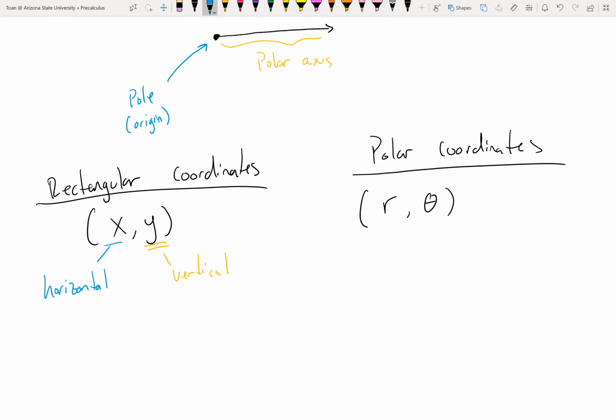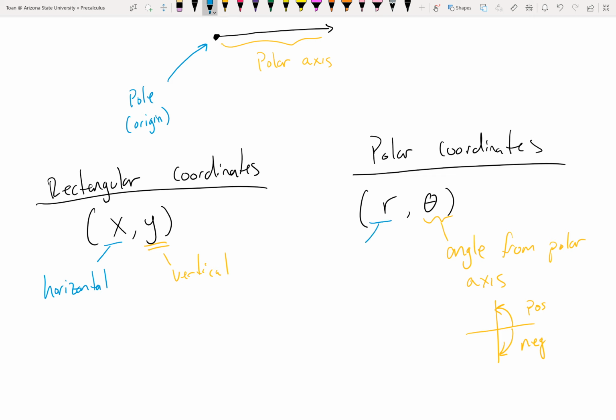Now, theta is pretty straightforward. I'll go ahead and start with that. Theta stands for an angle, but specifically always from the polar axis. And now standard convention still applies. If you go counterclockwise, that's a positive angle. If you go clockwise, that's a negative angle.